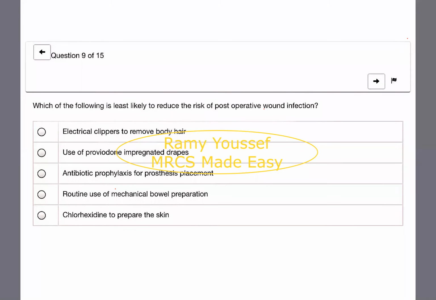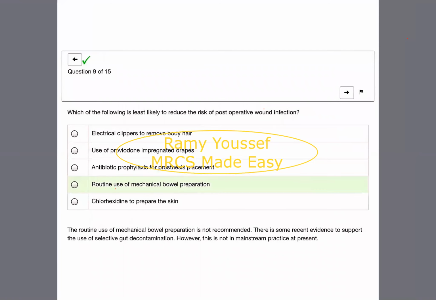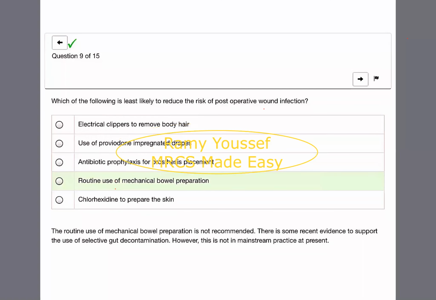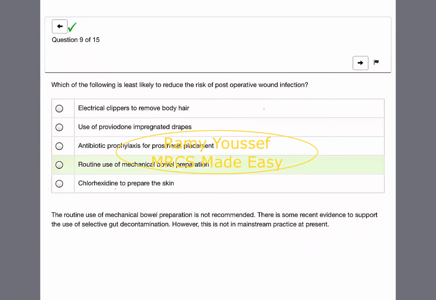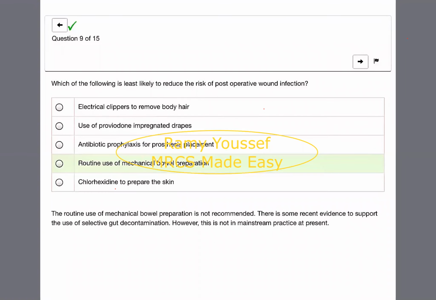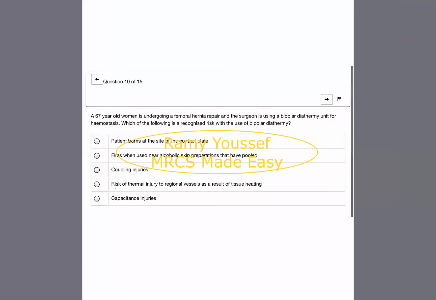We don't use it routinely. It's least likely to reduce infection, but the others reduce it. Electrical clipper, yes. Povidone-iodine impregnated drapes, yes. Antibiotic prophylaxis for any procedure, yes. And chlorhexidine for the skin. All of these can decrease the postoperative risk of wound infection, except for routine bowel preparation.